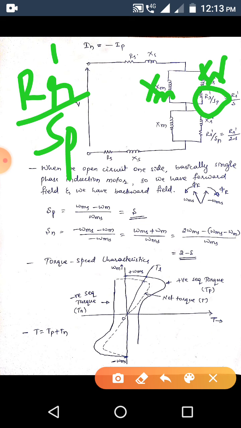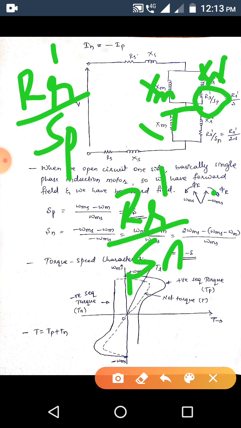Then that is connected with again a magnetizing reactance and leakage reactance of the rotor, that is Xr prime, and we have the negative rotor resistance, that is R prime divided by the negative slip. So that is connected back to the winding here.